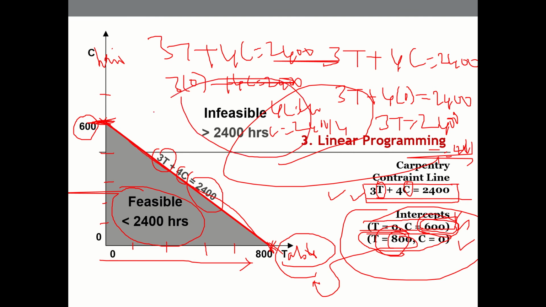Anything outside this line will be infeasible for equation 1. For example, that means we can do a maximum of 800 tables and 600 chairs given this time. Okay, so this is the first equation.